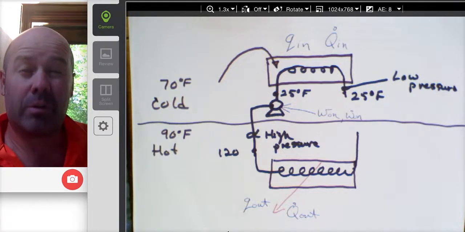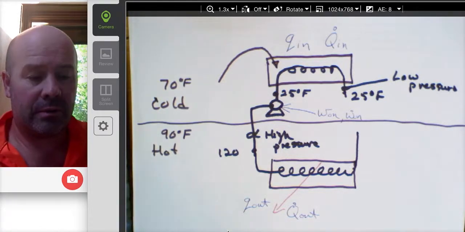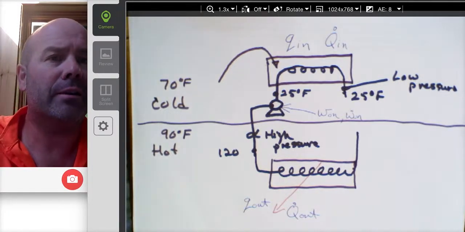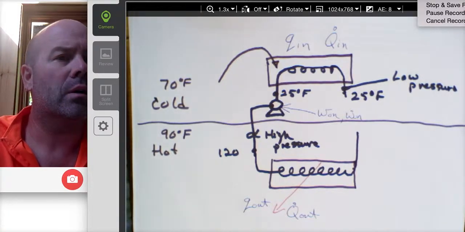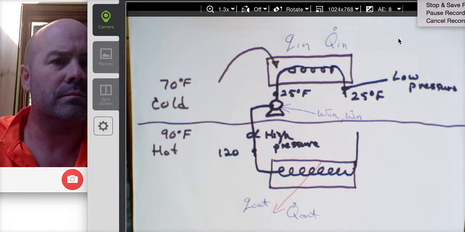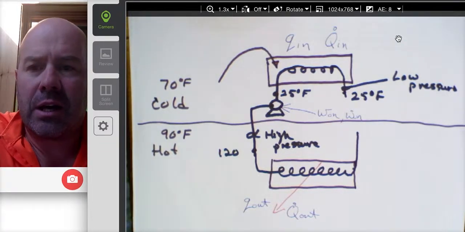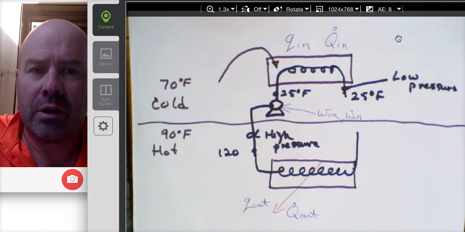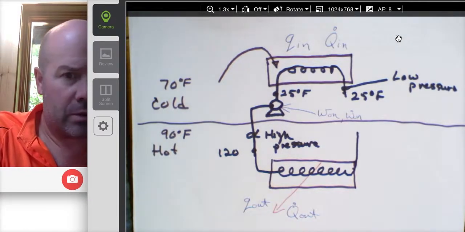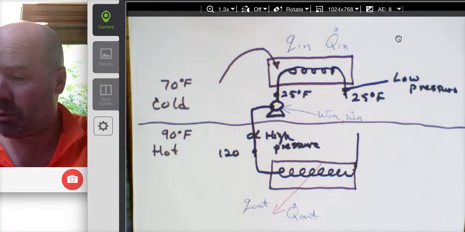Wow, that's pretty sweet. Let me check and see how much time we have here. Oh, we've got lots of time. Let's draw this on the temperature entropy diagram. Okay. To do that, I'm going to label some points.